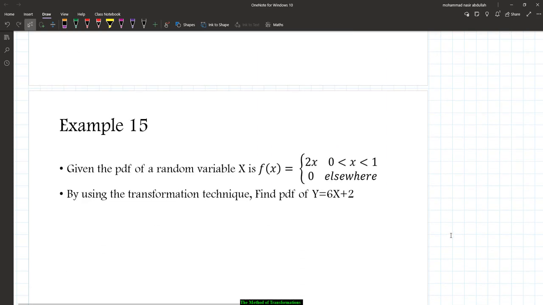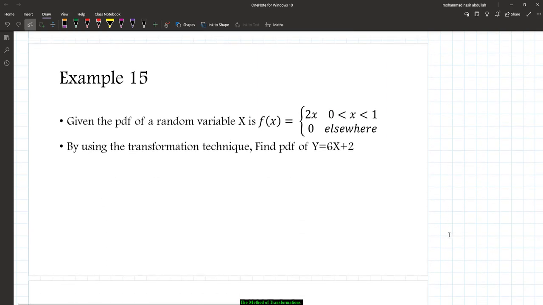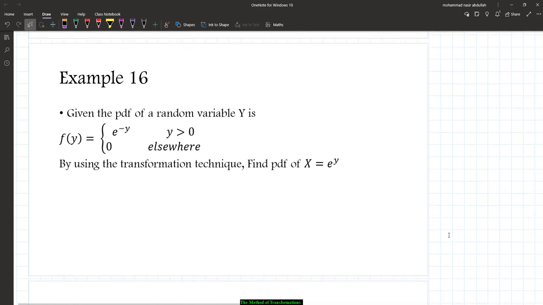Okay, example number 15. And 15 is done. And example number 16.